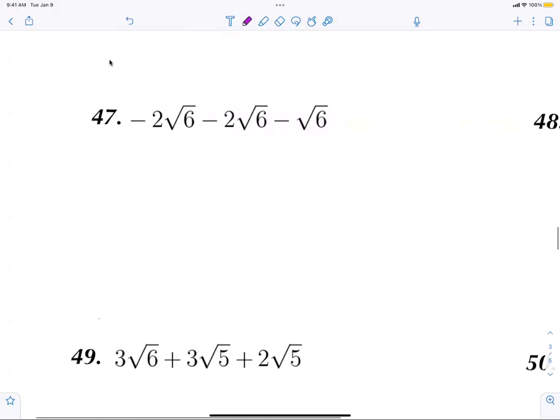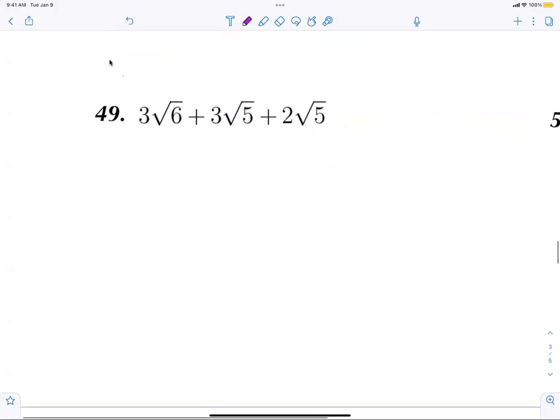What is 47? Everybody makes a mistake on that one. Negative 5 radical 6. Don't forget there's a 1.